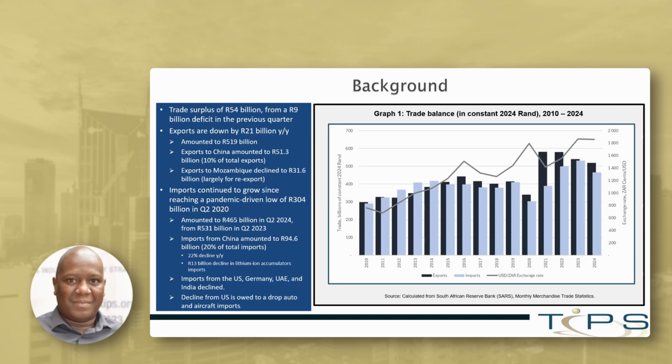Imports from China amounted to 94 billion, which was a 20% share of total imports. This was a 22% decline year on year. About 13 billion of the decline was owed to lithium iron accumulator imports. Imports from the US, Germany, and the UAE, as well as India, declined. The decline in imports from the US was owed to a drop in auto and aircraft imports.